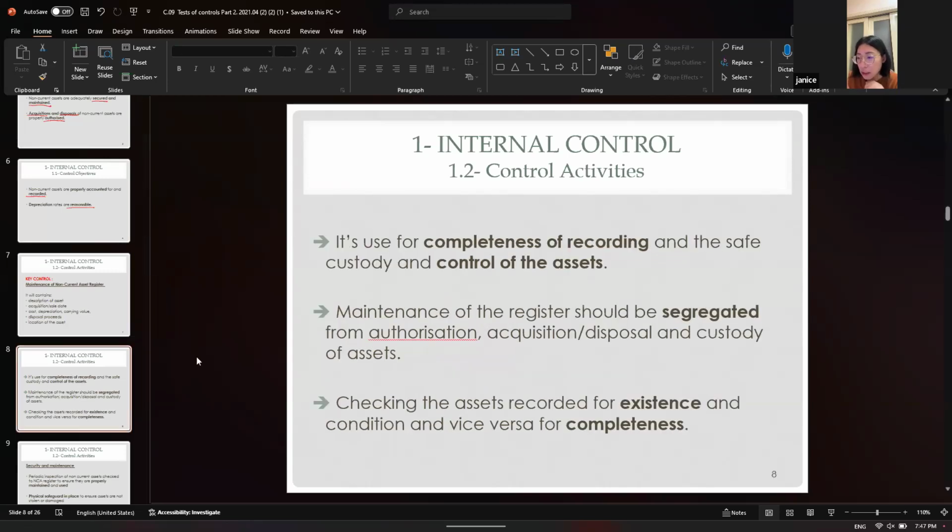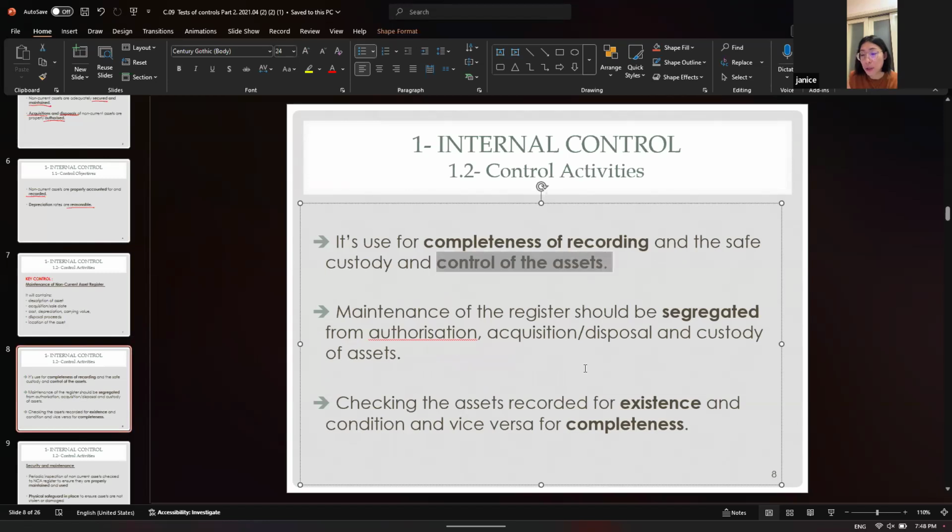So, as I mentioned, this document is very useful for control because it will list down all the assets that you have. And it helps you to have better control, right? So you exactly know what assets you have, whether they are in good condition, whether they are well maintained.